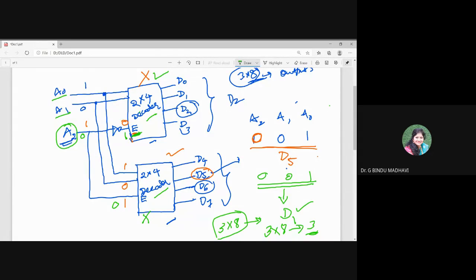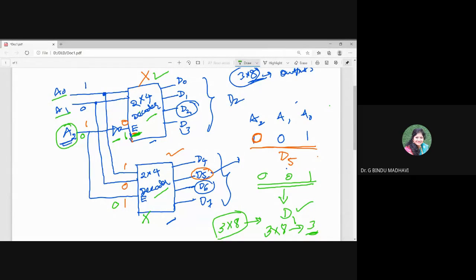Simple logic, ma'am: if one works, the second doesn't work. For that purpose, we are taking an inverter here. Why should it not work? If the same input is supplied to two decoders, both decoders will give the output, but that is a contradiction to the decoder definition. So we are making it single. That is, if the first decoder works, the second decoder should be idle. If the second decoder is working, the first decoder should be idle.